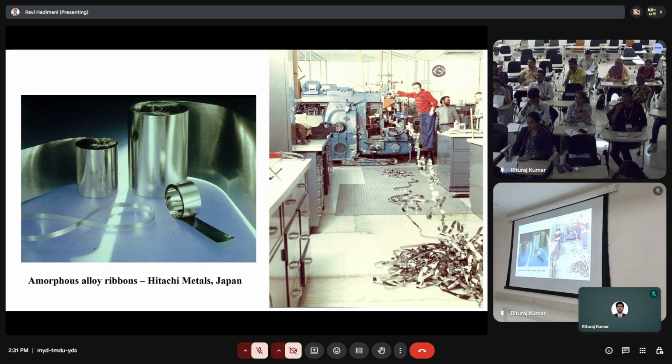Depending on the time of cooling, sometimes you get nanocrystalline structures. If you allow a little bit more time to cool, the grains form very small crystallites. Those are called nanocrystalline materials. If you don't allow any time, it becomes completely amorphous.